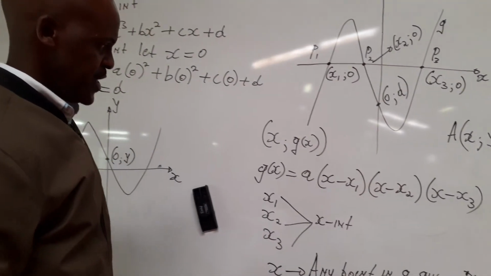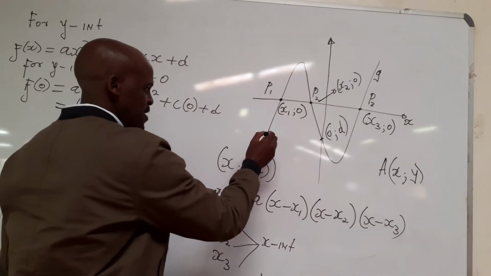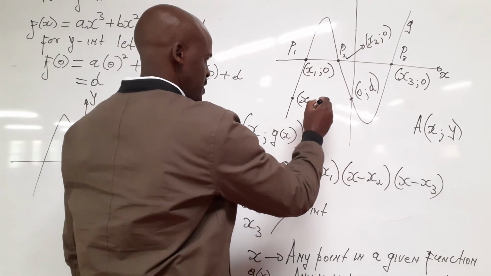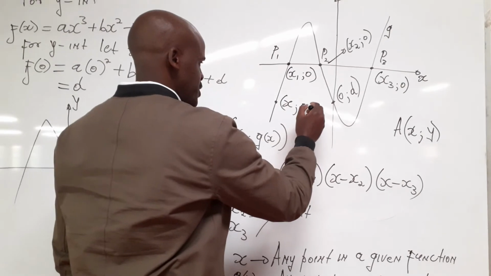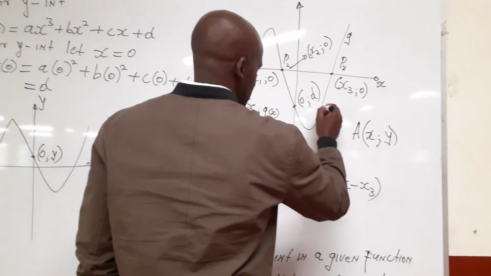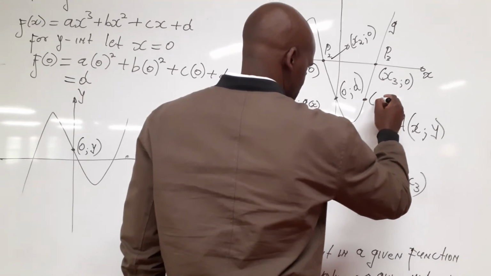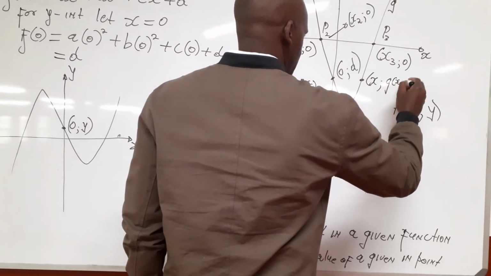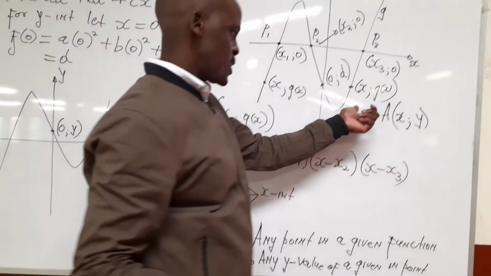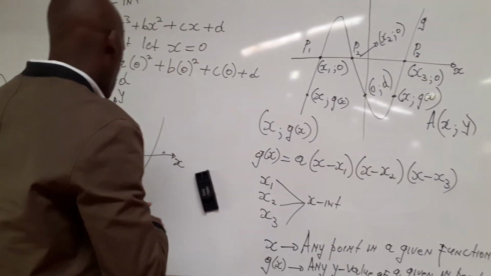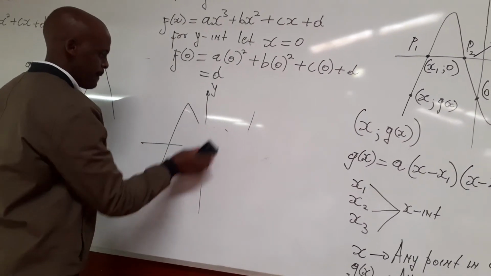Any point in this graph, you can call it x is to g at x. When we say x is to g at x, it's because g at x represents the value of y.